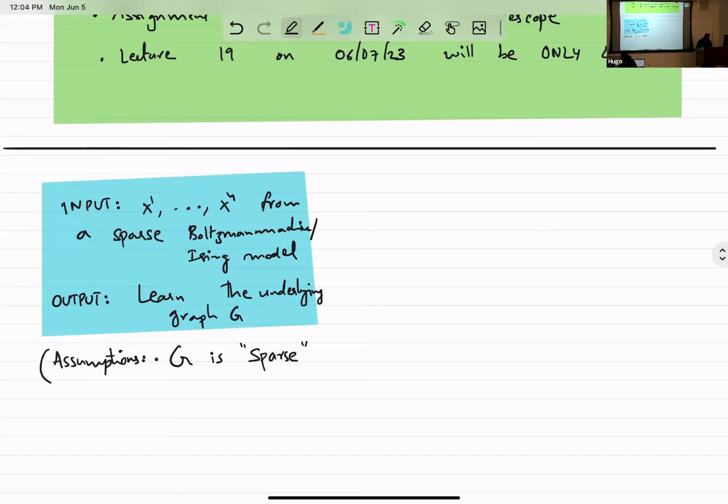Okay, so the max degree is bounded. And then we said every non-zero edge weight was at least some number like half in absolute value. Right, if it's too small, once again, you will need a lot of samples just to notice even a small weight.